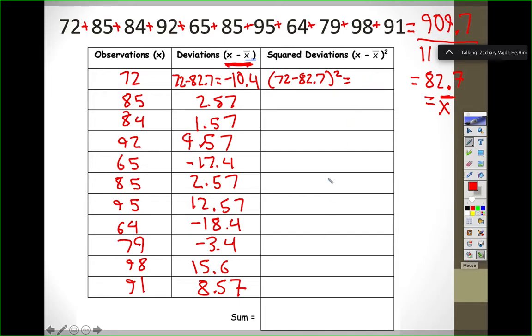Now I need to square all of these answers. So to save you some time, I already did it. So I'm going to write them all in. I'm going to square all of these answers. First one, 108.7.